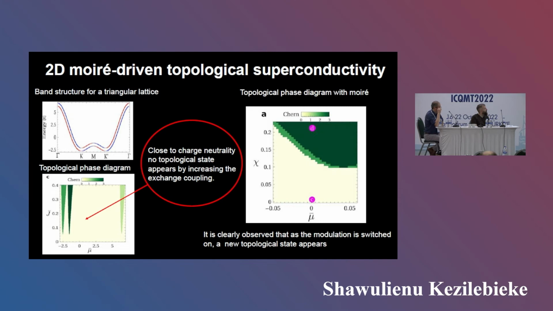But if you turn on the moire, and I'm simply zooming into that region here, you create new regions that host topological phases. So again, the moire pattern creates new regions that can host topological states, and this only exists because of the moire. So next slide, please.